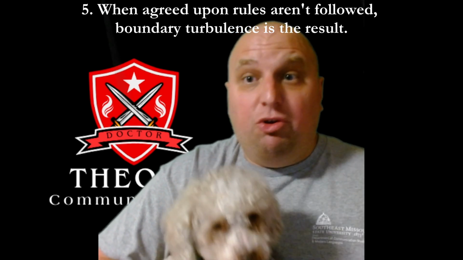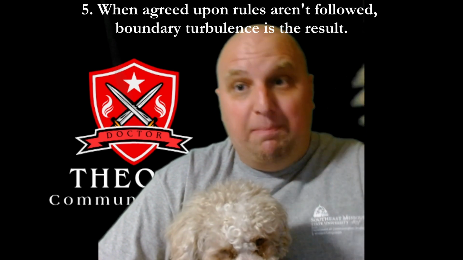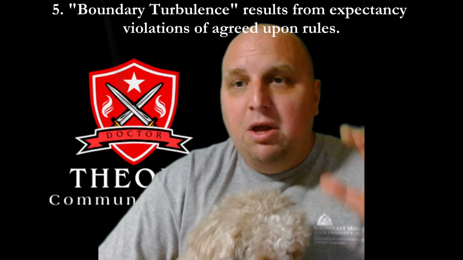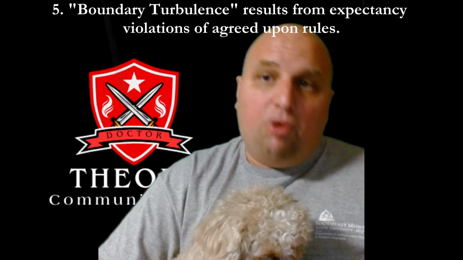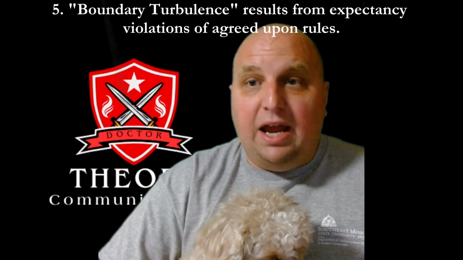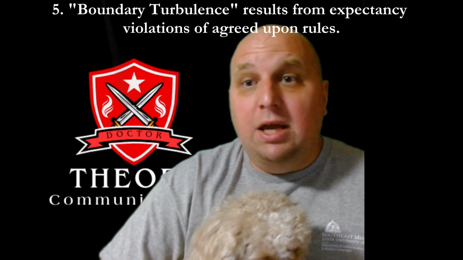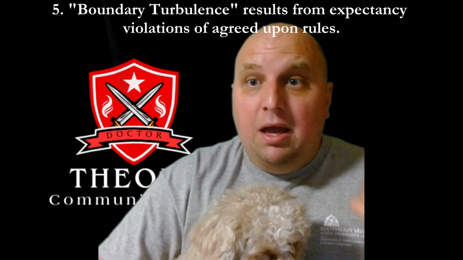Boundary turbulence is a major problem because it involves expectancy violations. You have negotiated these rules, people have agreed on them, and then all of a sudden, let's say you're at the store a few days later and you meet up with somebody who's an acquaintance, a friend of a friend, and they come up to you and say, how are you doing?